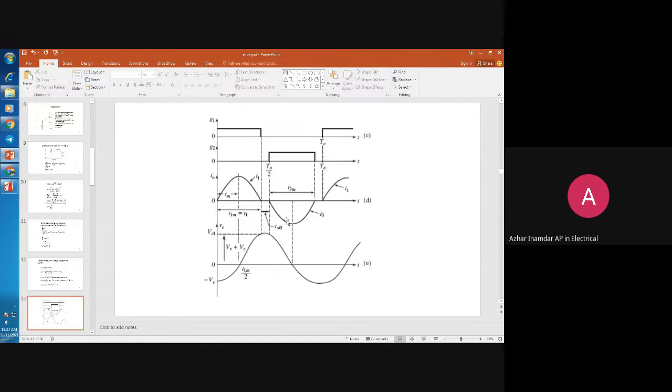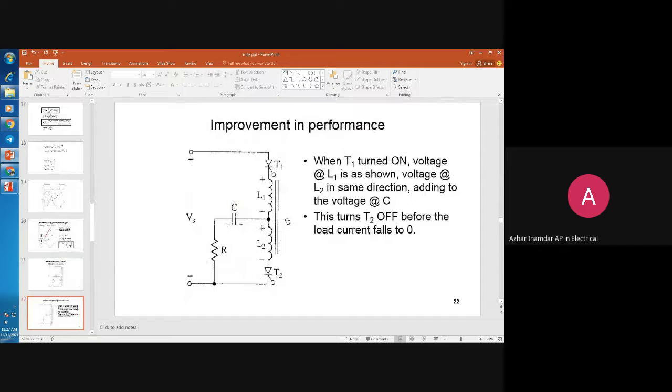If we couple these inductors, both L1 and L2, the structure is modified and these inductors are closely coupled. You can use a transistor, thyristor, SCR, or IGBT here depending upon the application. In the next slide I will explain what the choice of device for the switching should be.